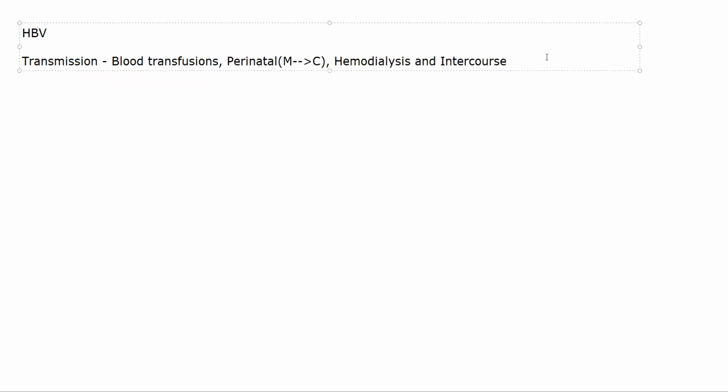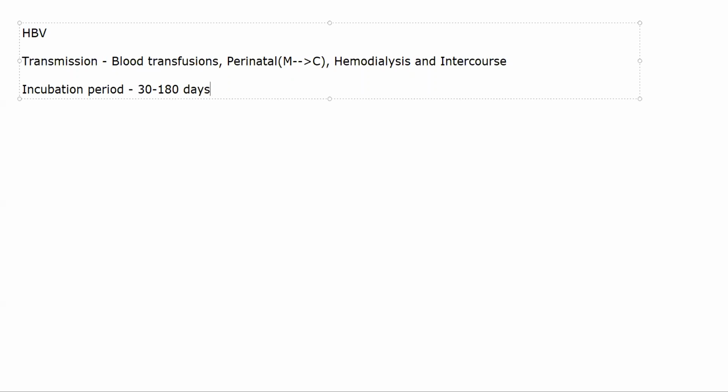Coming to the incubation period of hepatitis B virus, generally the incubation period is between 30 to 180 days. This means that the person will not know whether or not they have HBV for almost 6 months.